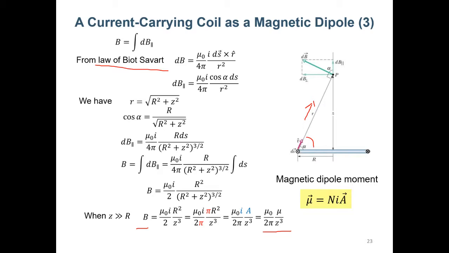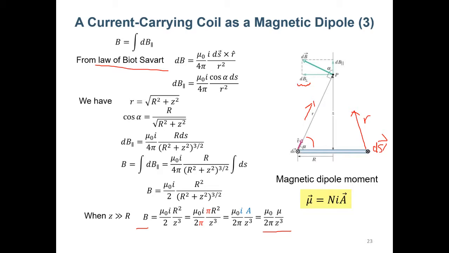Actually, dB perpendicular will be cancelled with this one. For this one, maybe we call it ds prime, which is pointing into the page, and out in this direction. So ds this way and cross.